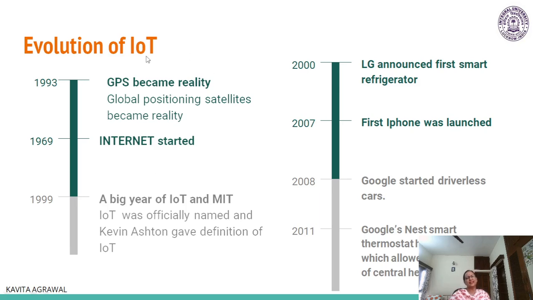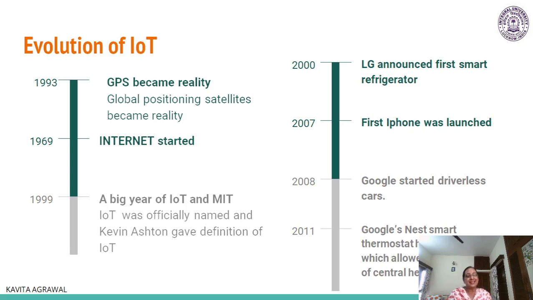If I look at the evolution of Internet of Things, we started with Internet in 1969. In 1993, GPS, or the Global Positioning System, became a reality because we had global positioning satellites which we could use for locating various devices or people or machines which we were trying to communicate with.